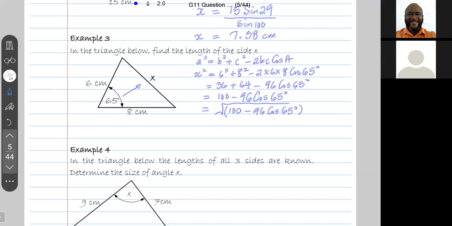And what I got is that x is equal to 7.71 centimeters. That is what I got. Now, as I said, you could have worked it out first.